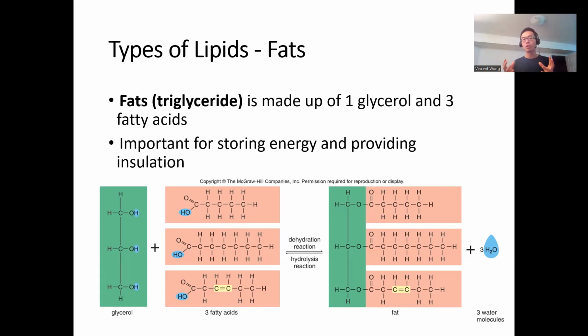The fatty tissue will help cushion the organ as well as help insulate it. To insulate means to keep them warm, right? When it's minus 40 degrees outside, you don't want your liver to freeze, right? So those fats will keep it nice and warm. So that is the triglyceride.